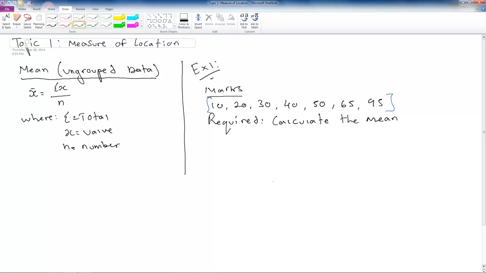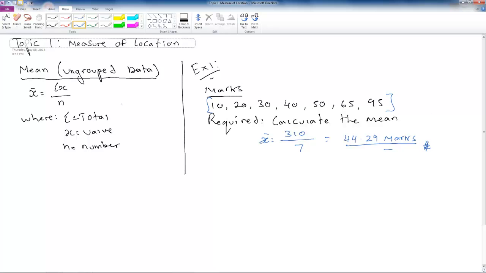So you will get 310, and divide by how many numbers you have here: 1, 2, 3, 4, 5, 6, 7. So you divide by 7. So 310 divided by 7, you will get 44.29 marks. So this is the average marks. We call this an average mark.